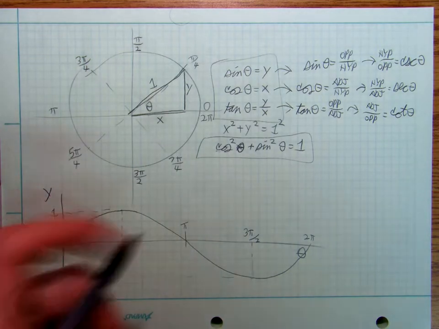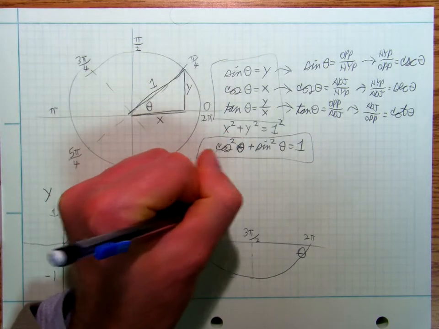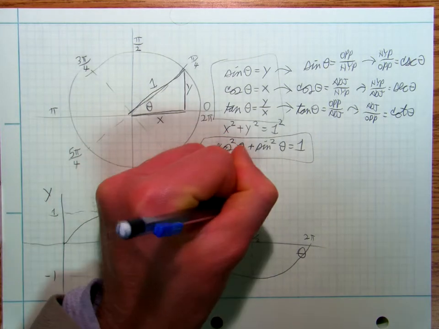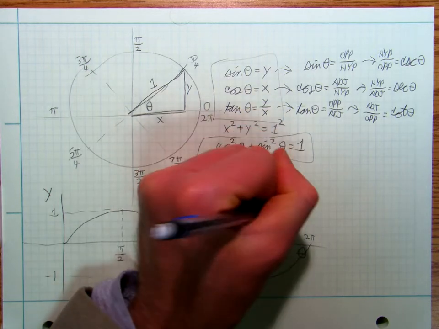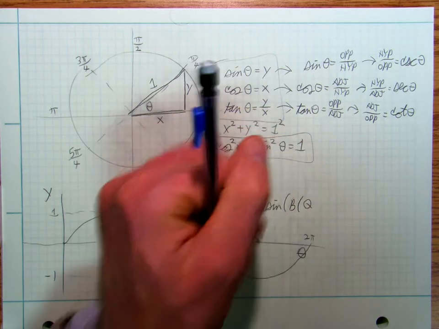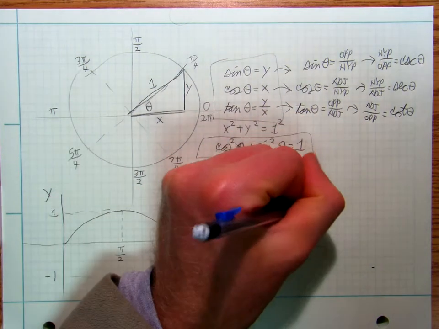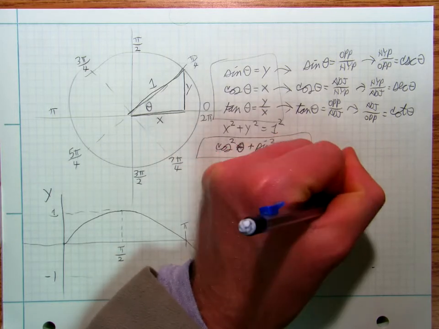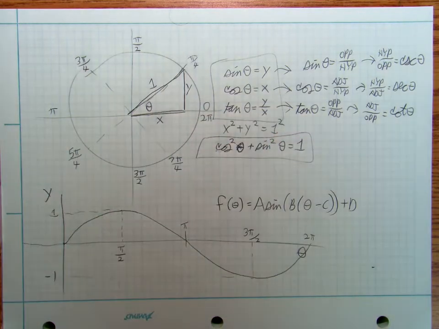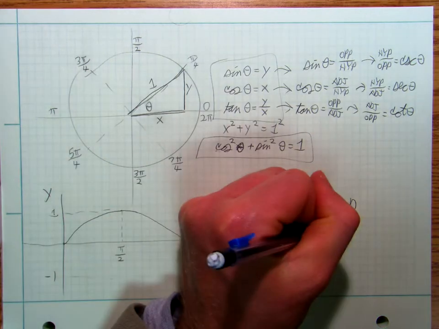In another one of my videos earlier on, suppose we did f of theta is equal to a sine of b times theta minus c, plus d. Well, there we've sort of gone over that.